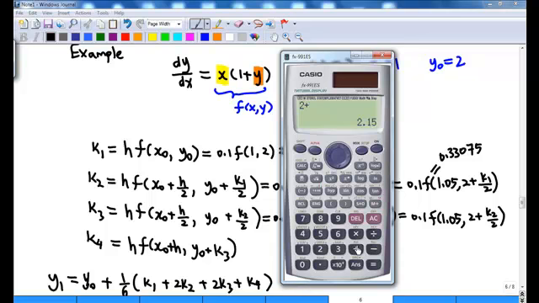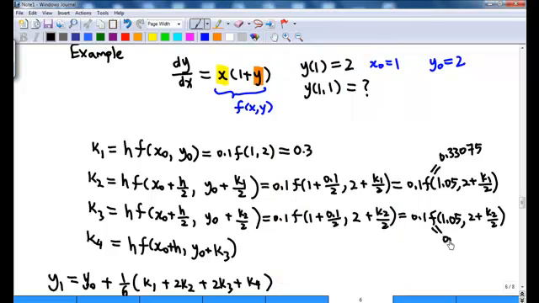K2 was the answer I obtained earlier, so I press answer divided by 2, right? 2 plus K2 divided by 2, then equal. This is equal to 0.33236, so this is approximately 0.3324.